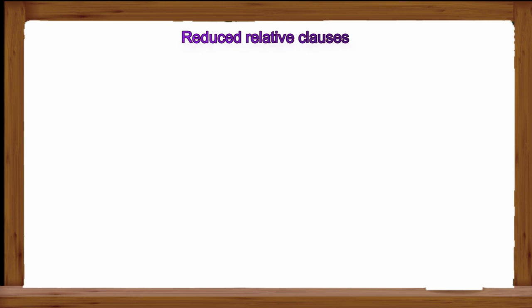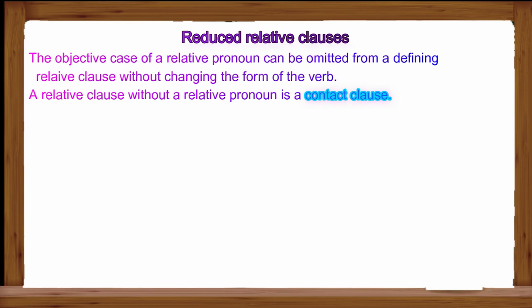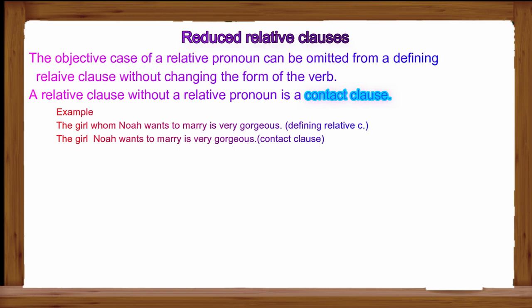Now let's see about reduced relative clauses. The objective case of a relative pronoun can be omitted from a defining relative clause without changing the form of the verb. A relative clause without a relative pronoun is a contact clause. Example: The girl whom Noah wants to marry is very gorgeous.